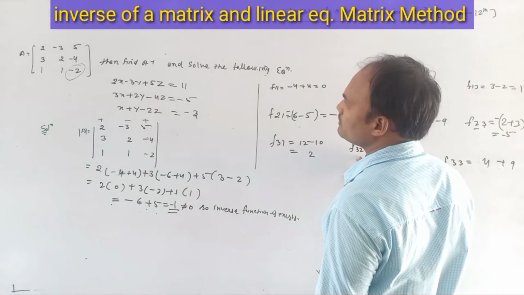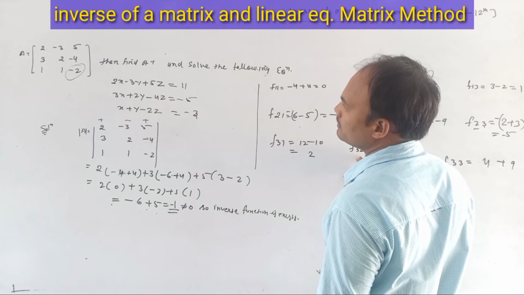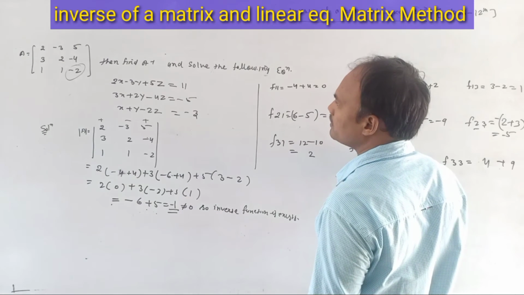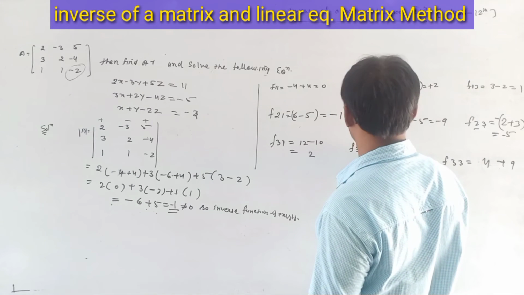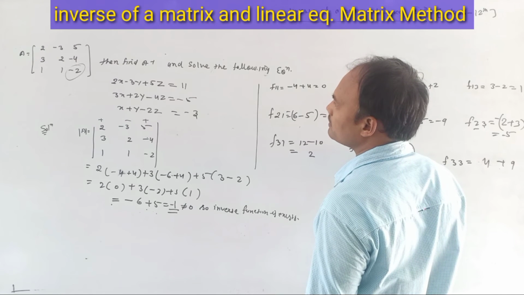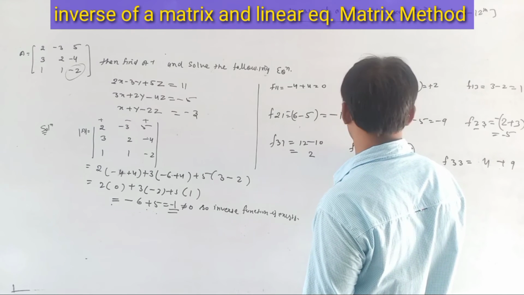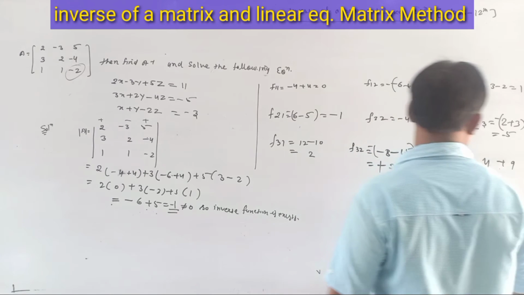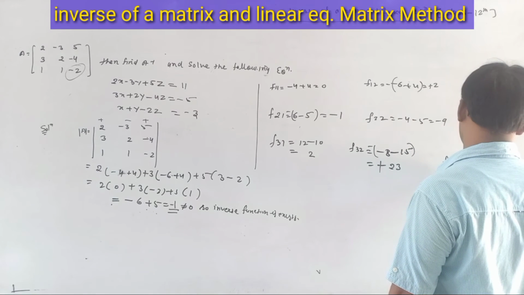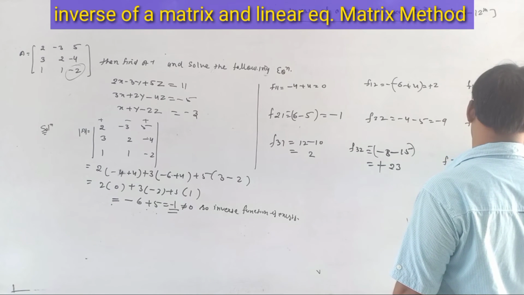What about here f32, minus 8 and minus 15, okay, so f33 is 13.